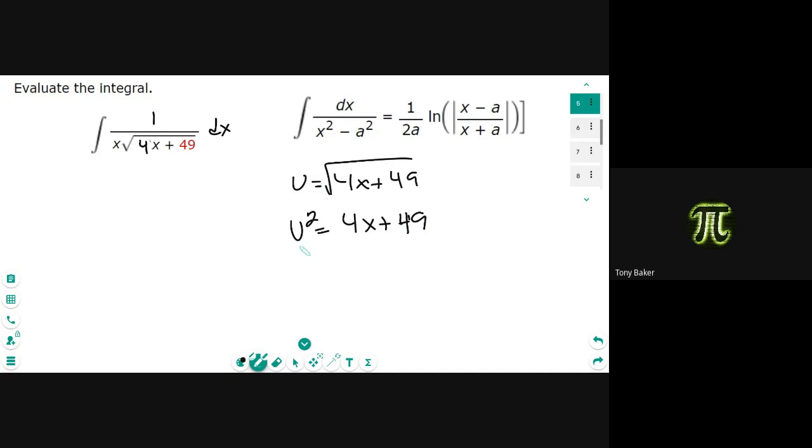So this is 2u du equals 4 dx, which is 1/2 u du equals dx. So the u's on top in that case. Yeah.